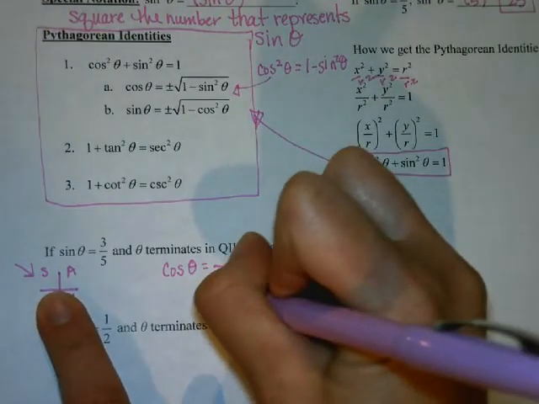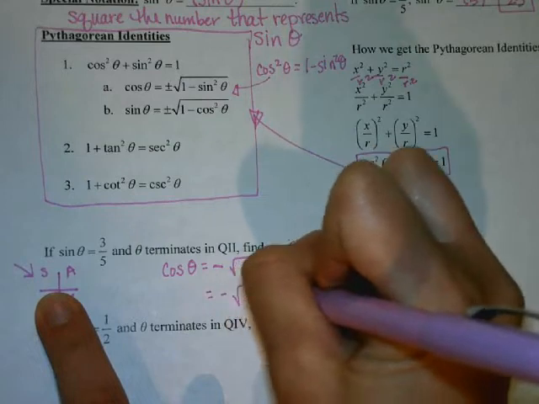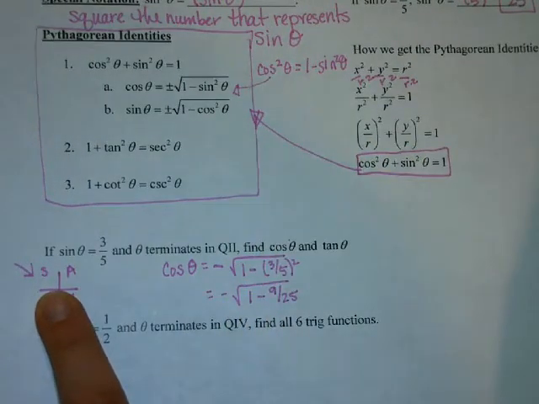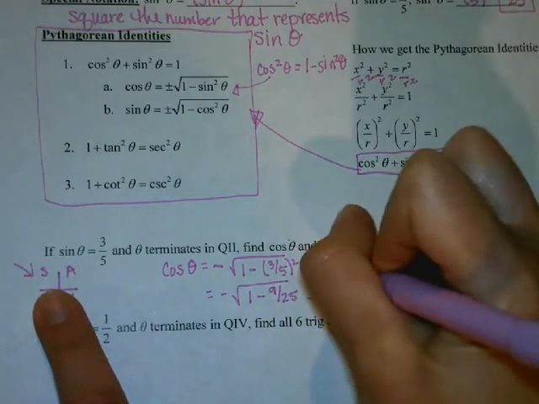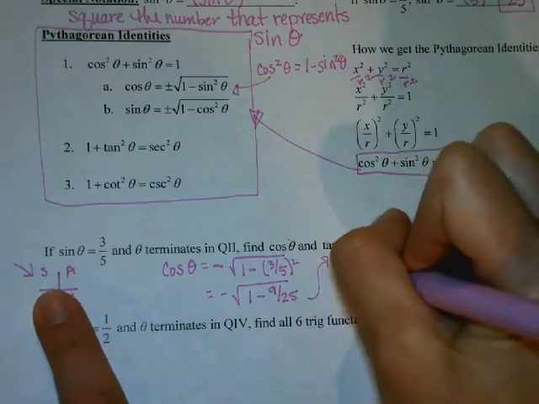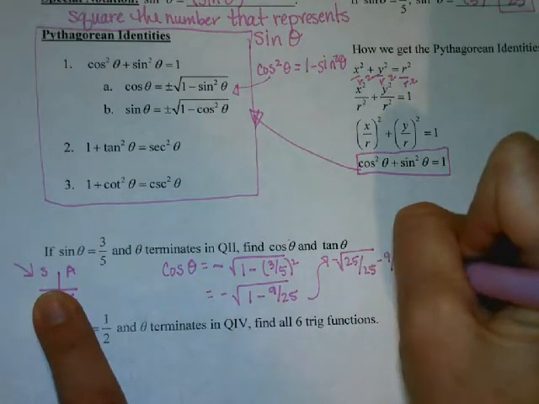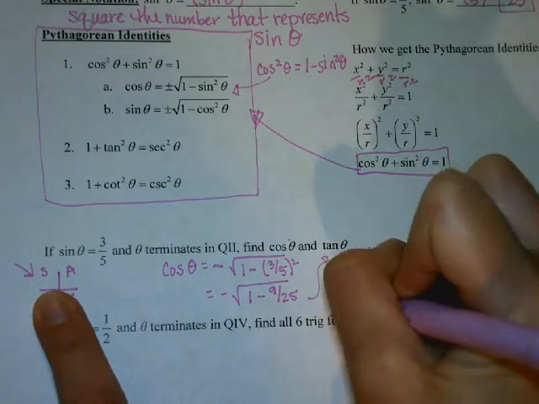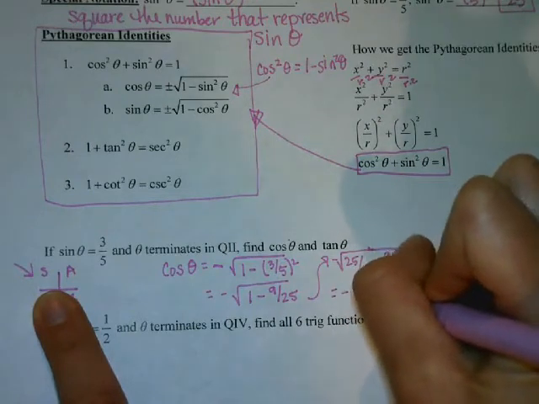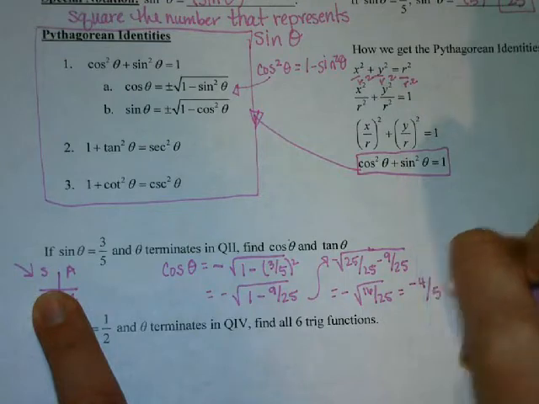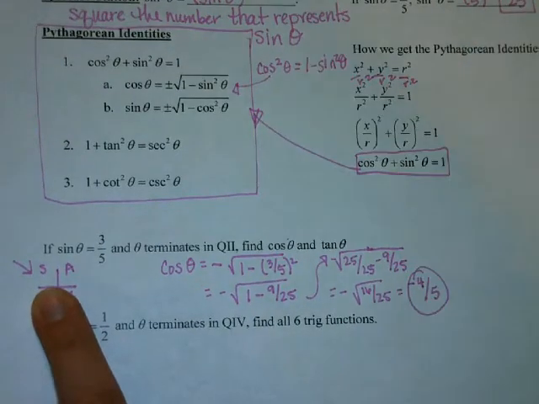All right, so I have negative square root of 1 minus 9 over 25. Well, in order to subtract those guys, I need a common denominator. So I have the negative square root of 25 over 25 minus 9 over 25. 25 minus 9 is 16 over 25. So this guy is negative 4/5. So cosine is negative 4/5.